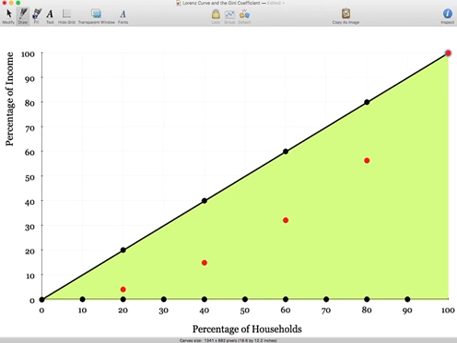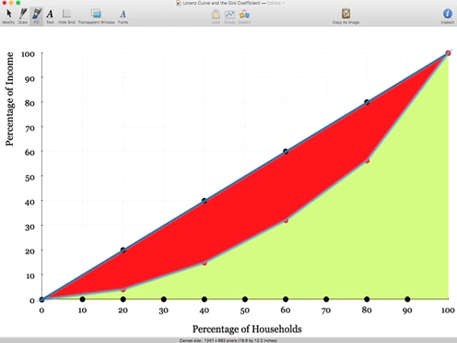And if we were to fill that in, and let me make it the same color there.